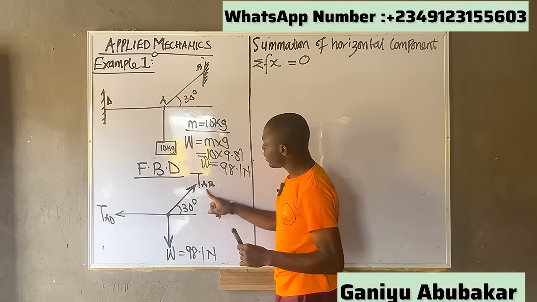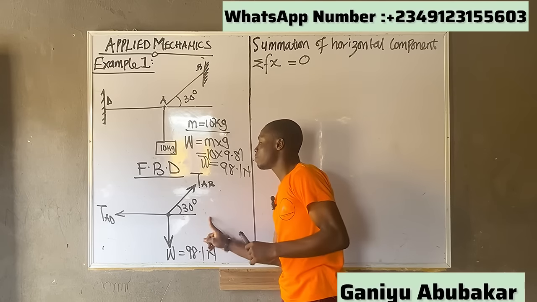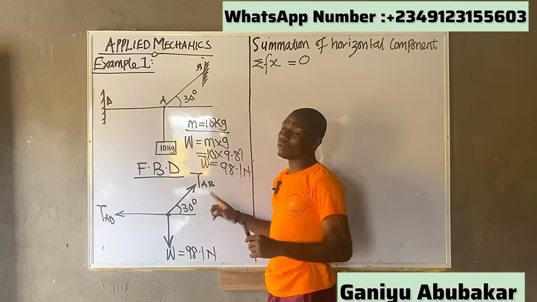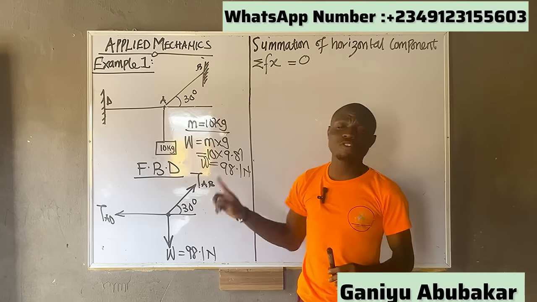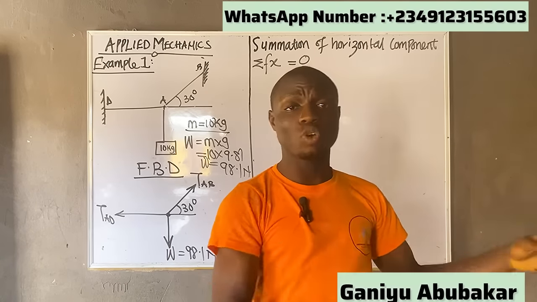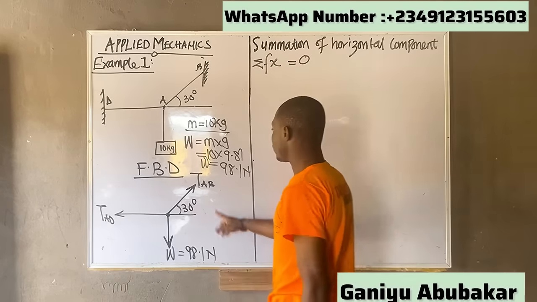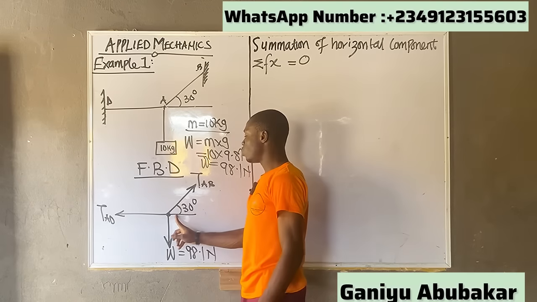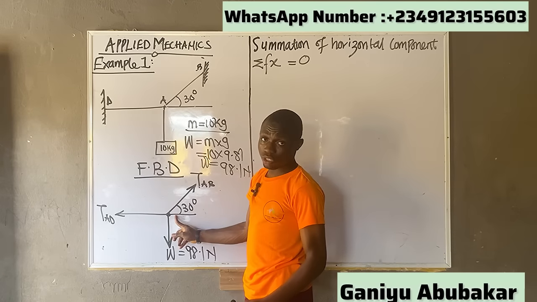If I resolve TAB to the horizontal, this follows what we have learned so far on how to resolve a vector in 2D. If I resolve TAB to the horizontal, that gives you a cos, right?